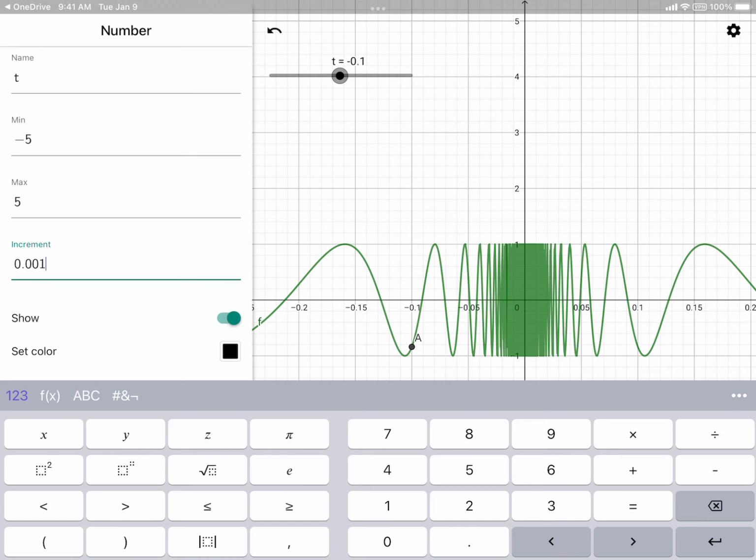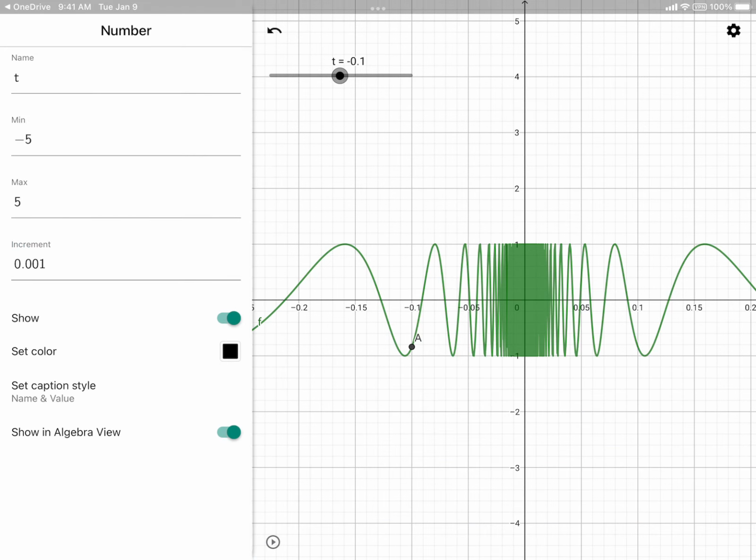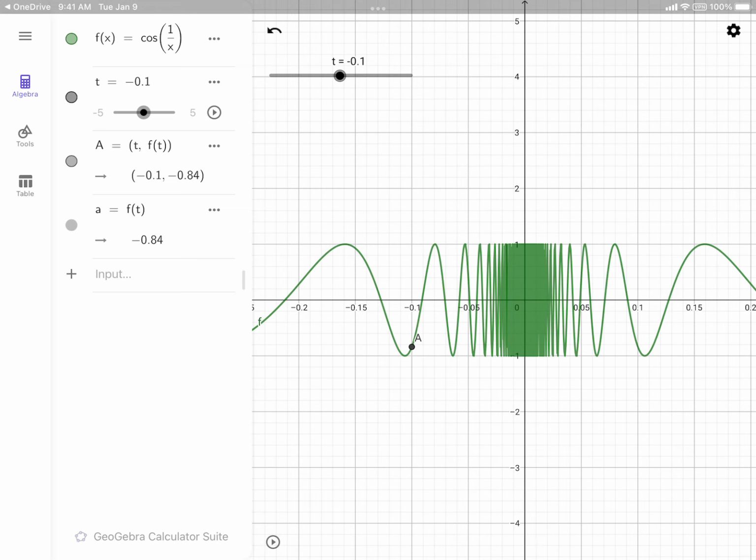And maybe in the thousands, we're going to have more luck. Let's see. Still too fast. But this is the idea.